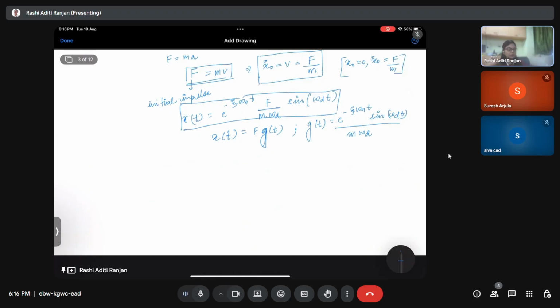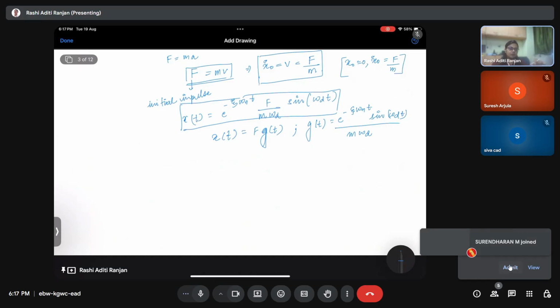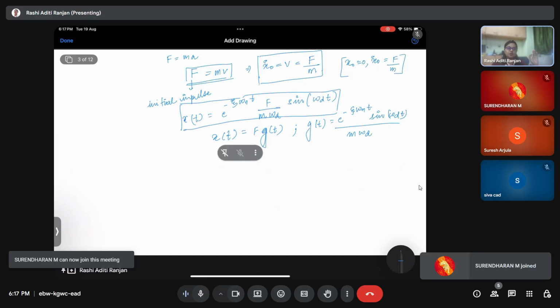Okay. So this g, which is a function of time, is changing with respect to time, but the force F, which is the impulse, is a constant value and it may change from system to system. So if I have a different kind of system for which I have the initial impulse value and the system parameters, I can simply find the equation of motion by this form. Okay, I hope this is clear.